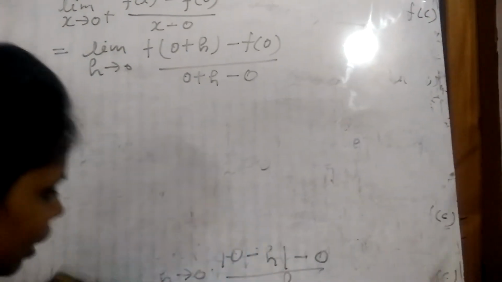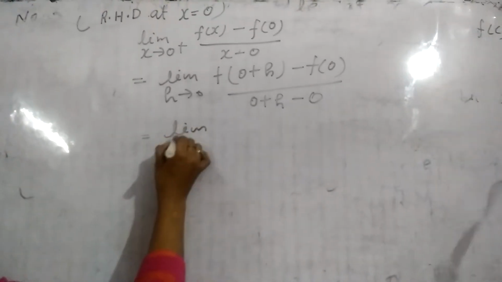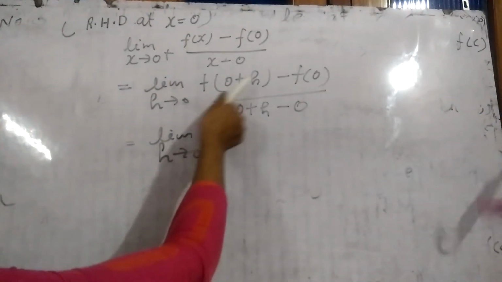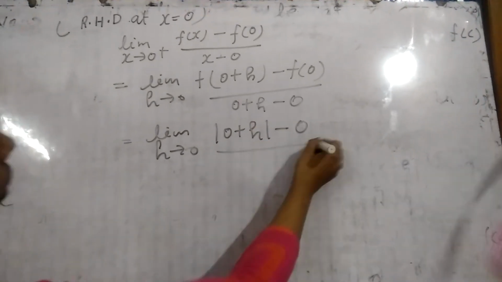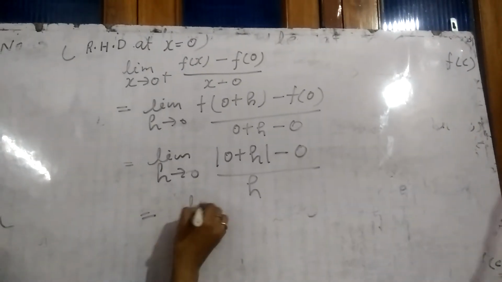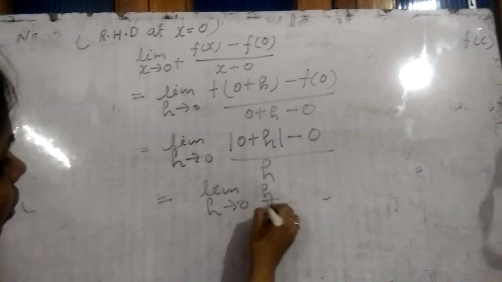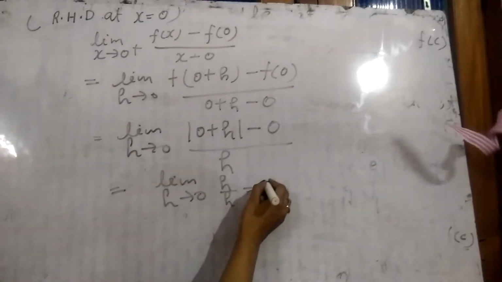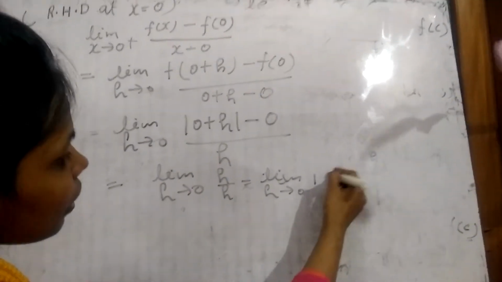Putting the value of x = 0 + h for the right hand derivative in the function, the limit as h tends to 0 of |0 + h - 0| upon h gives the limit of h by h, which is equal to the limit of 1, which is equal to 1.